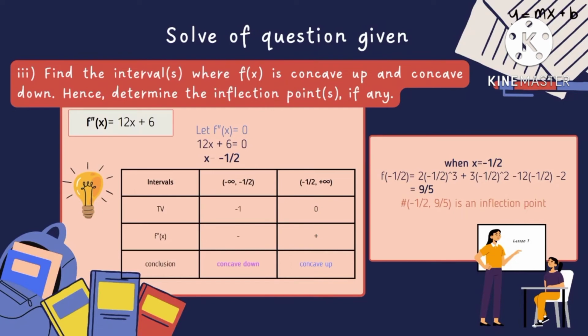So the conclusion, if negative it will be concave down, and if positive it will be concave up. So when x equals negative 1 over 2, we will get 9 over 5 from the function that we replaced x with negative 1 over 2. So we will get the inflection point negative 1 over 2 and 9 over 5.